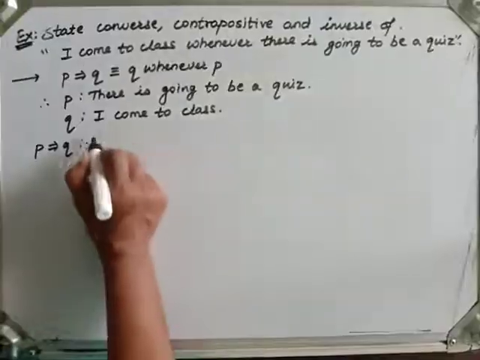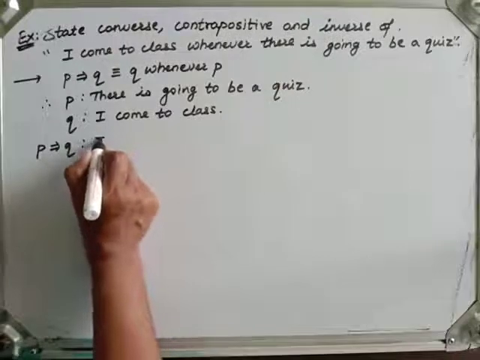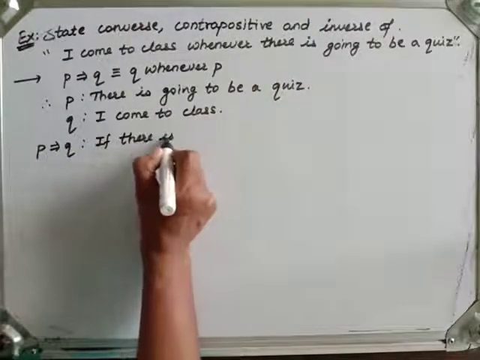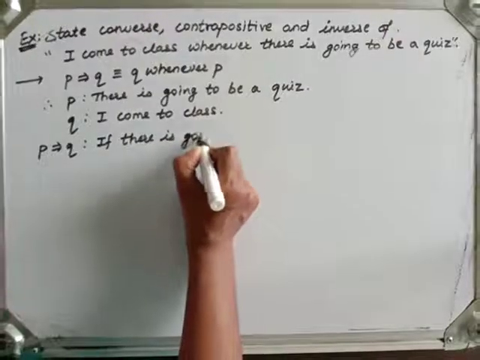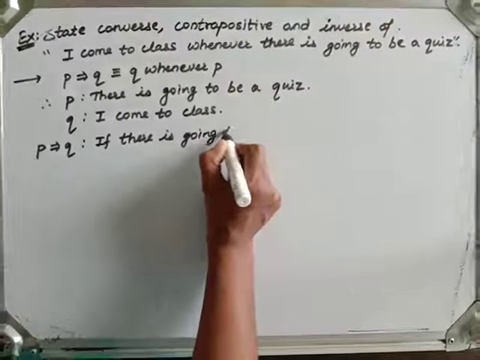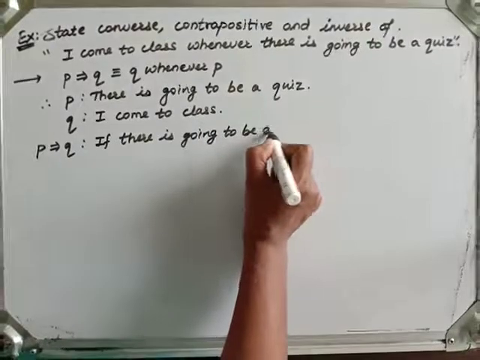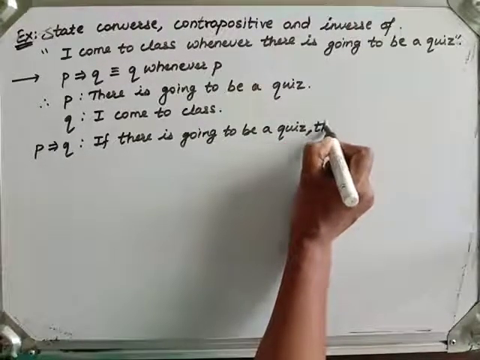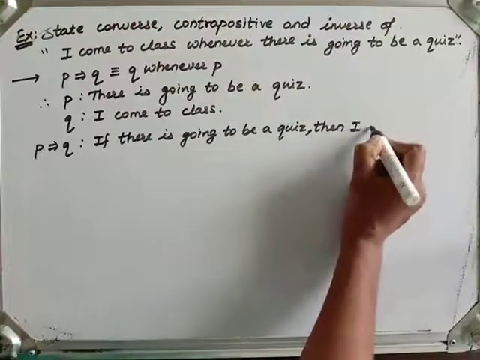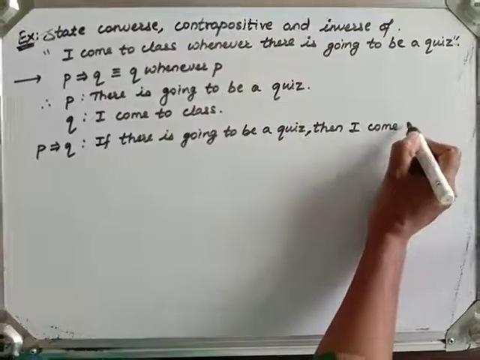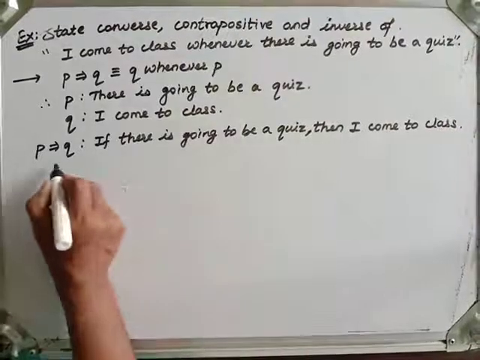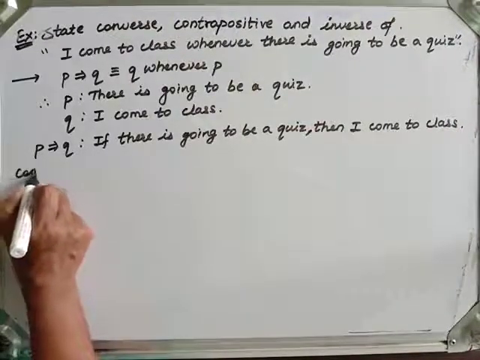So P implies Q statement says that if there is going to be a quiz, then I come to class.